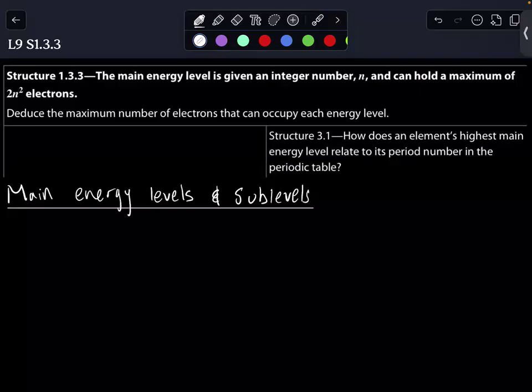Now, as we talk about main energy levels and sublevels, we're basically talking about where the electron is, so electron location. Bohr said they were in discrete energy levels.